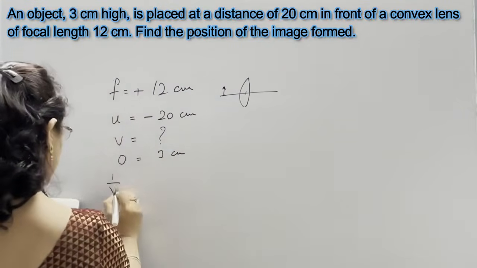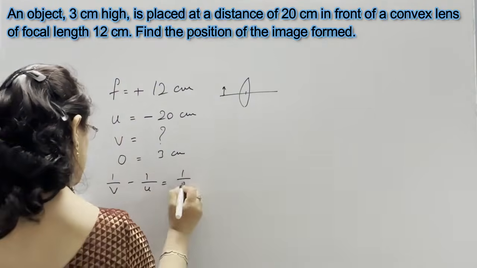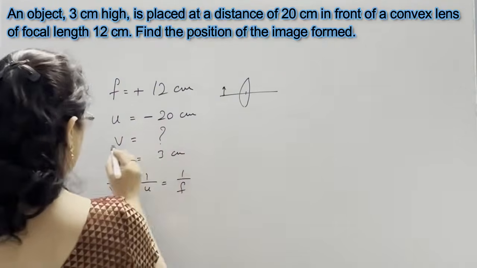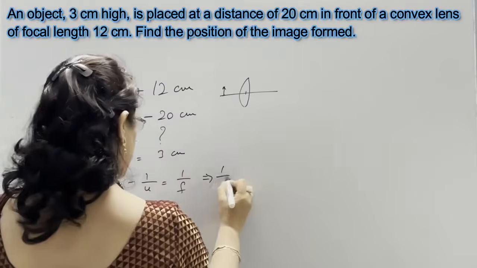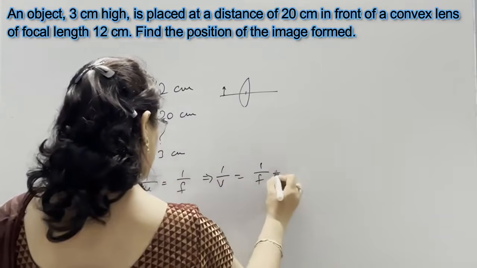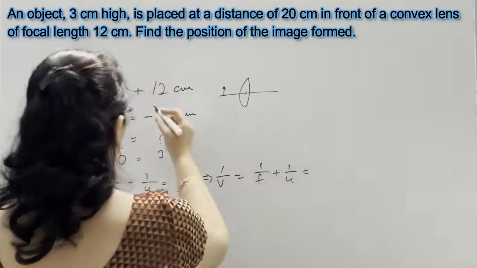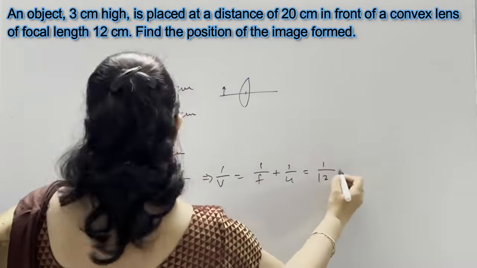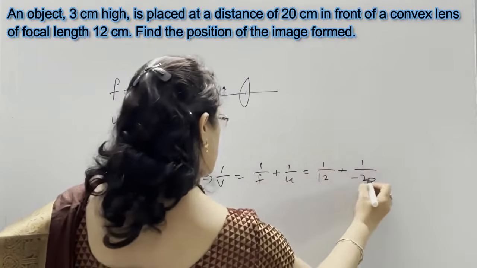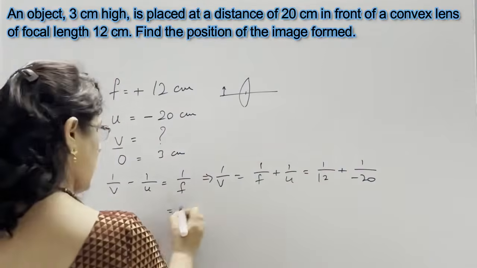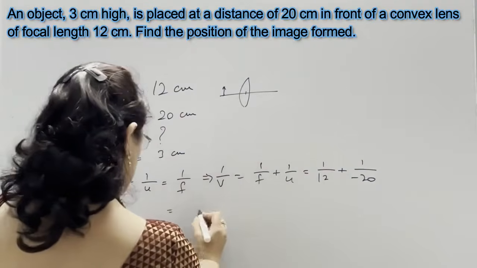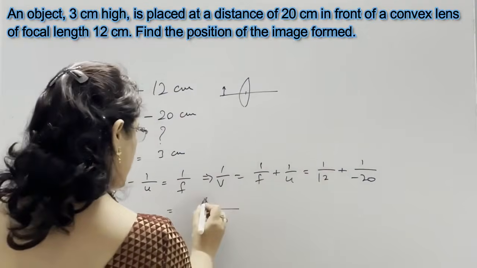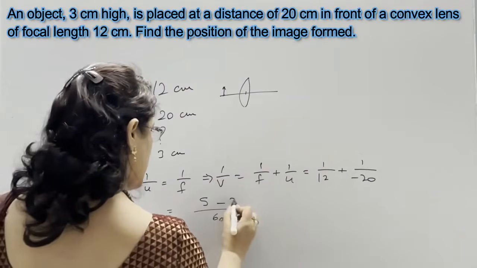Now 1 by v minus 1 by u is equal to 1 by f. We have to calculate the value of v. So 1 by v is equal to 1 by f plus 1 by u. The value of f is 1 upon 12 plus the value of u is minus 20. So the LCM of 12 and 20 is 60. 5 minus 3 over 60.